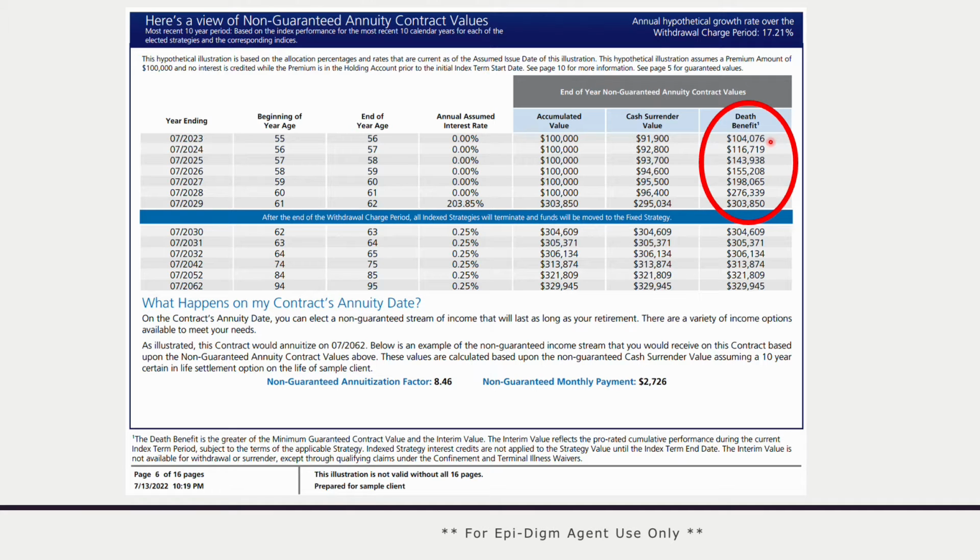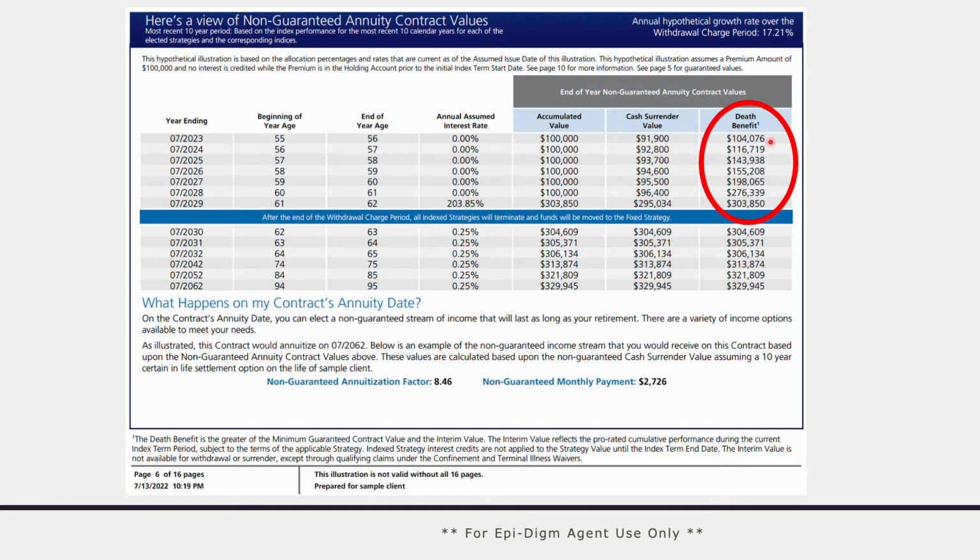So the only way you get interim gain within the segment is when you die. Not a good choice. But at least if something bad happens, your family will get the interest.